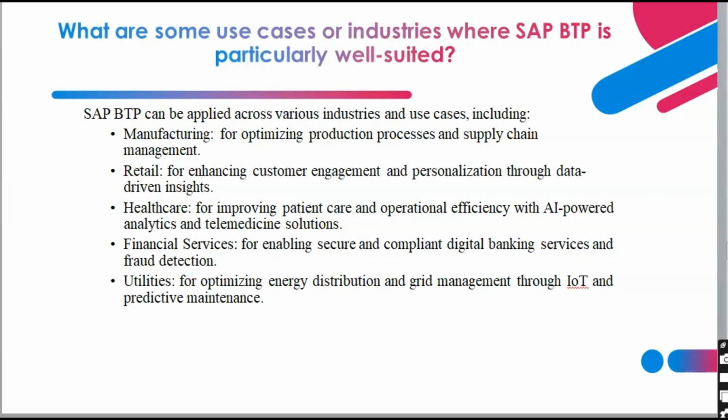What are some use cases or industries where SAP BTP is particularly well suited? Answer: SAP BTP can be applied across various industries and use cases including manufacturing for optimizing production process and supply chain management, retail for enhancing customer engagement and personalization through data-driven insights, healthcare for improving patient care and operational efficiency with AI powered analytics and telemedicine solutions.